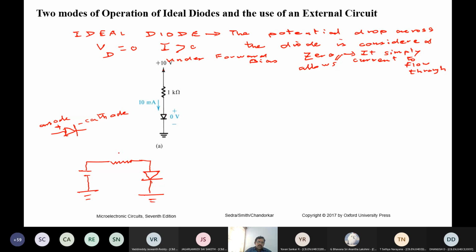So this is a 1 kilo ohm resistor. You might be used to this kind of notation, or you might even be used to another notation like this, for example.